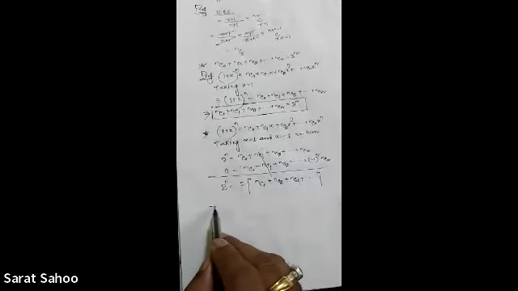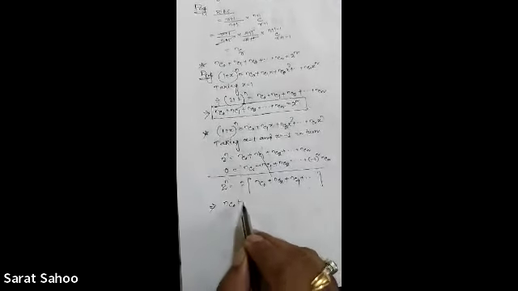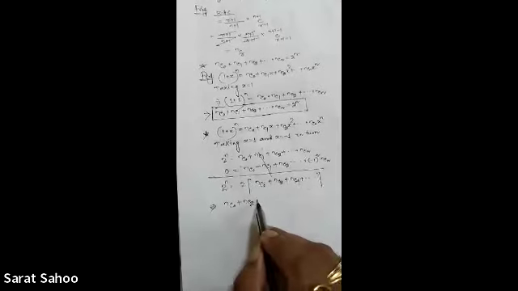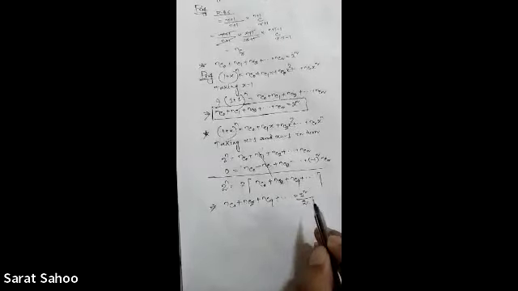So this implies nC0 plus nC2 plus nC4 equals 2 raised to the power n divided by 2, which is equal to 2 raised to the power n minus 1. Okay. Is it clear, guys?